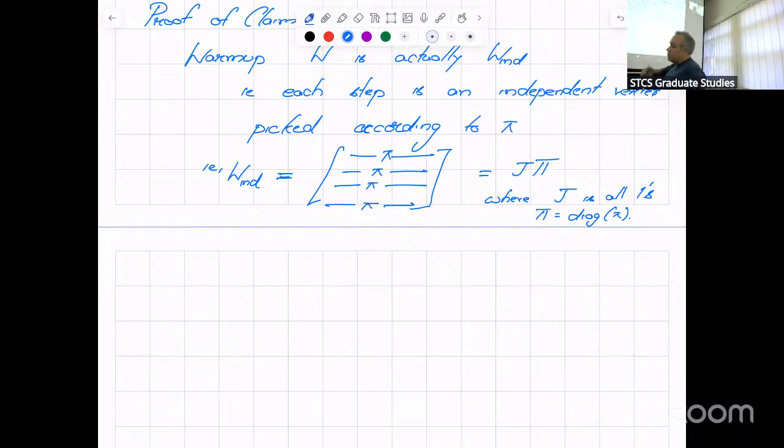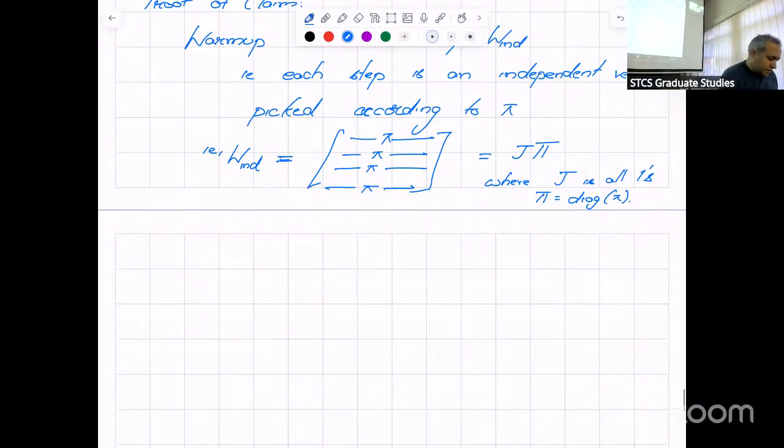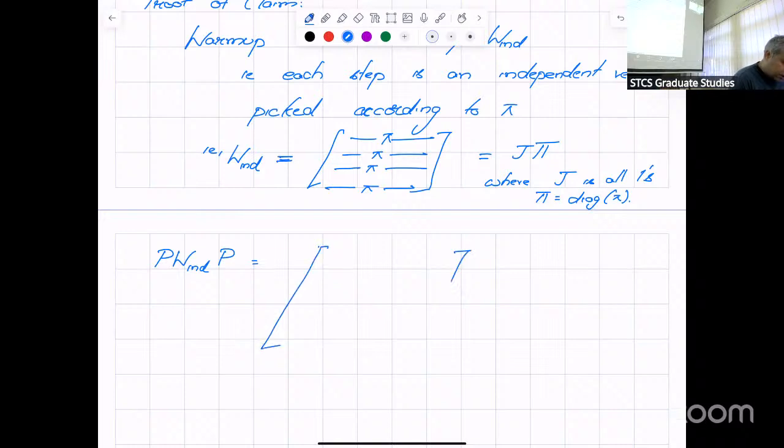So let's understand this object. We want to look at P W_ind P. What is this matrix? This will also be a rank 1 matrix. Let's understand which is the one vector it's going to act on. I want to claim this matrix looks like this. Once again, let's take B and B complement.